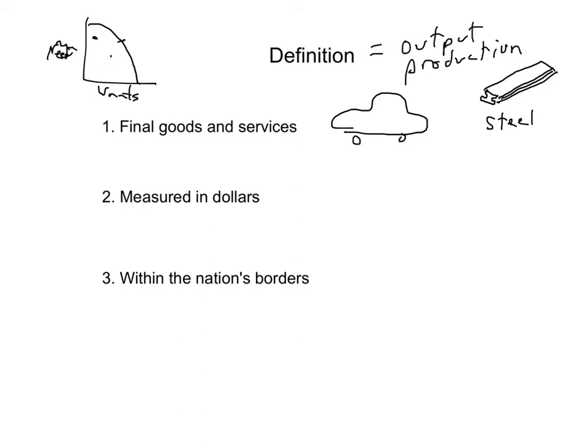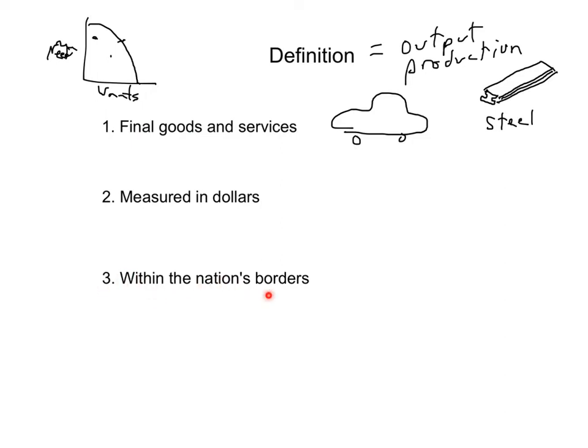Instead, we just add up how much those things were sold for, and we get a pretty good idea of how much consumers value all the different products that were produced, and we get one nice number. You may remember from the intro to macroeconomics video that this is an aggregation.